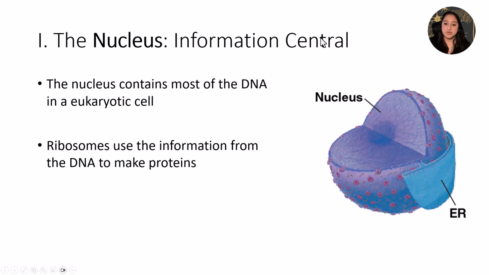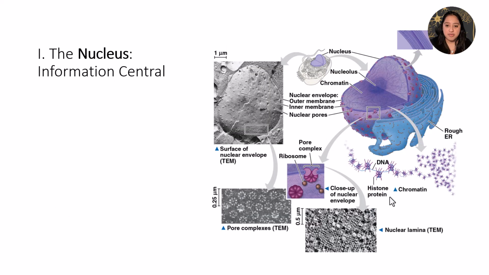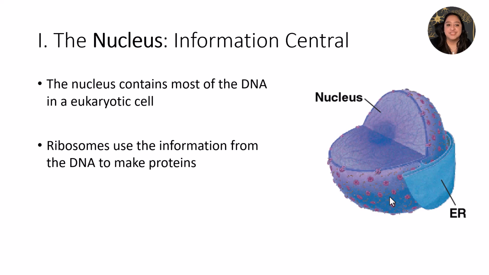It's hard to see in this picture. I zoomed this picture and scaled it up, but the resolution isn't that good. Sorry. So the nucleus contains most of the DNA in a eukaryotic cell.